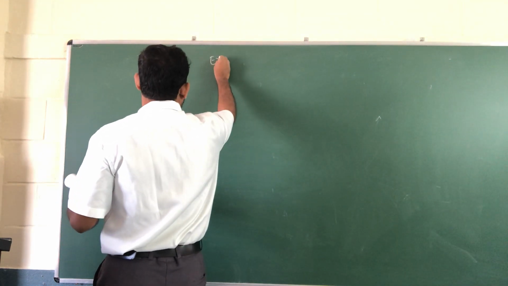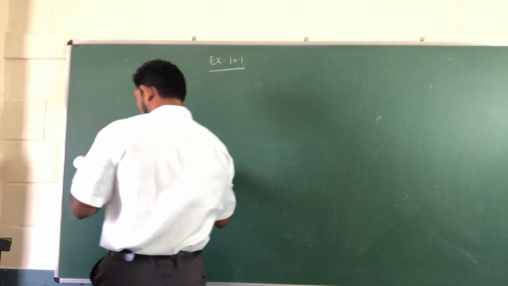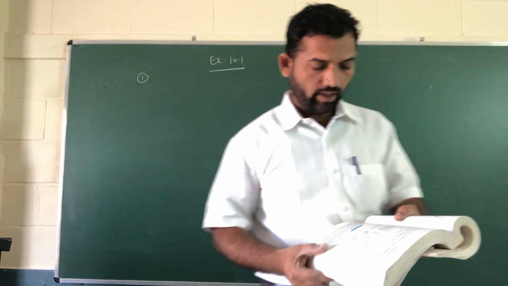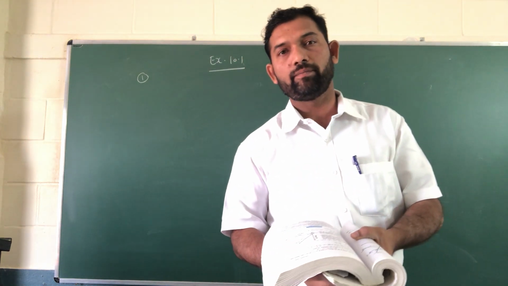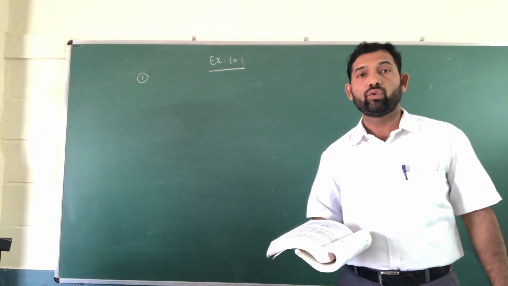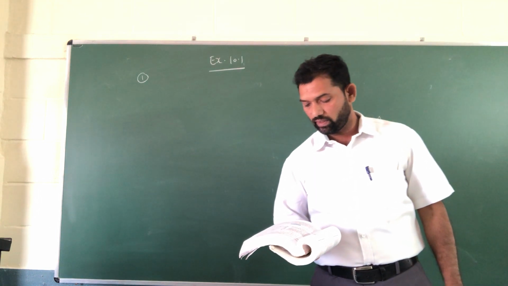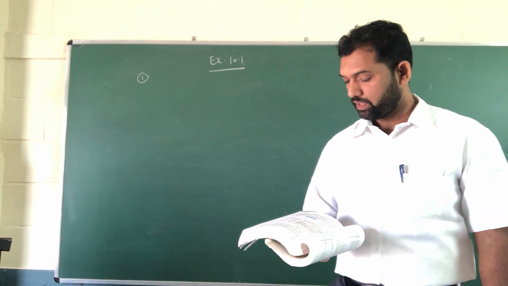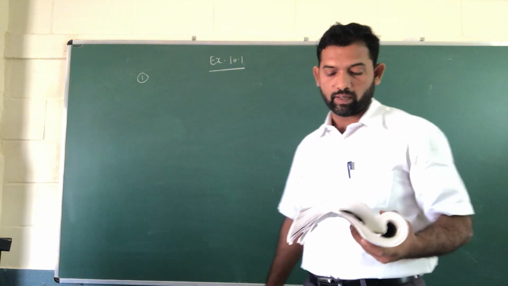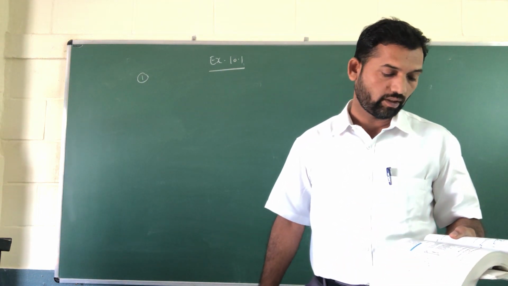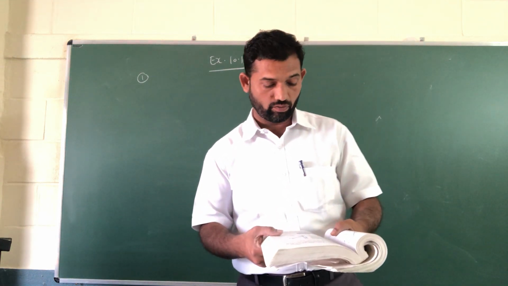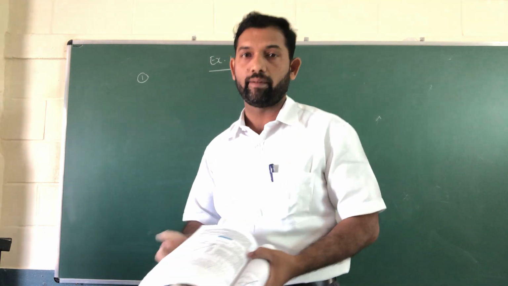Exercise 10.1, the first one: Draw a quadrilateral in the Cartesian plane whose vertices are (minus 4, 5), (0, 7), (5, minus 5) and (minus 4, minus 2). Also find its area.